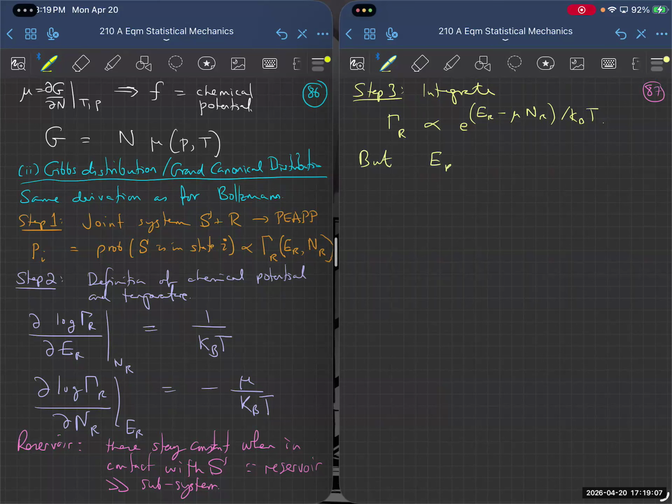But the total energy is a constant, so ER plus EI is equal to a constant, and NR plus NI is equal to a constant.